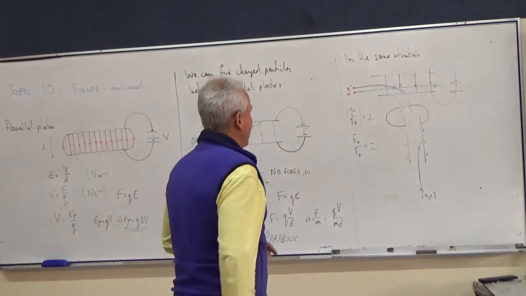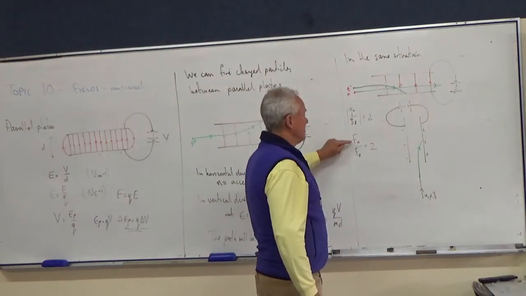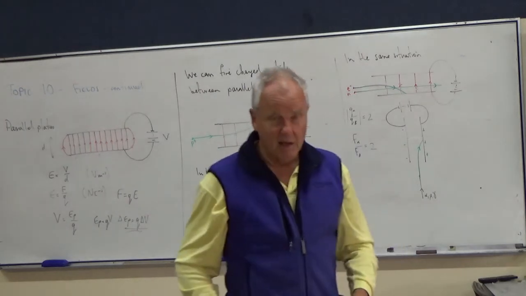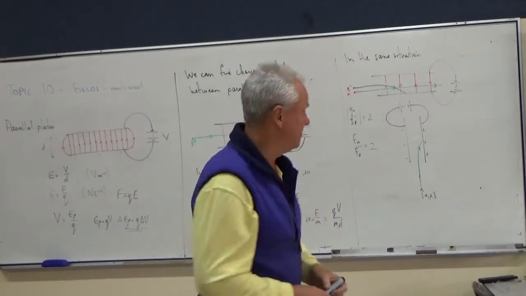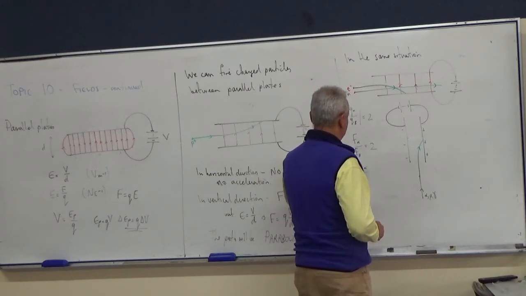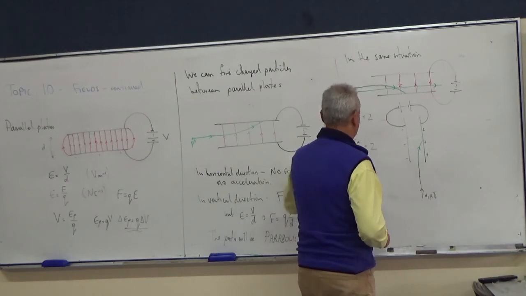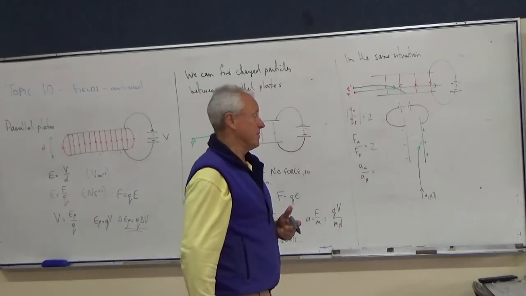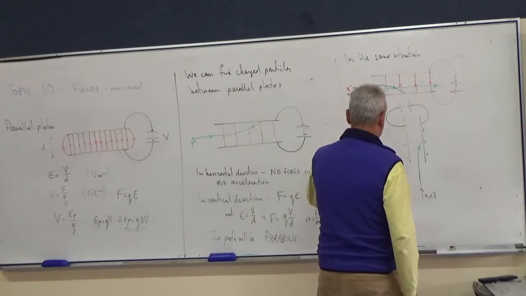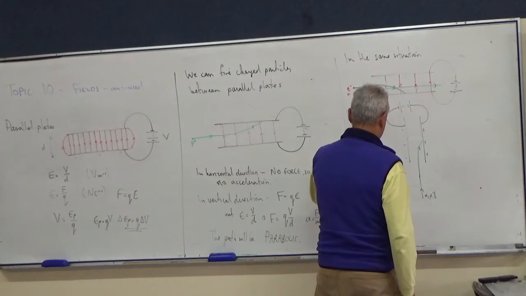So even though the alpha has twice as much force, the beta is going to have a much bigger acceleration. So acceleration of alpha on acceleration of beta, I think it'll be 2 over 7,200, so I think it's going to be 1 over 3,600, something like that.